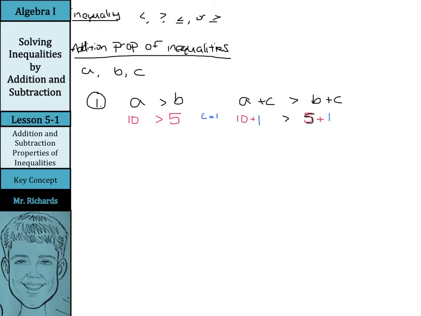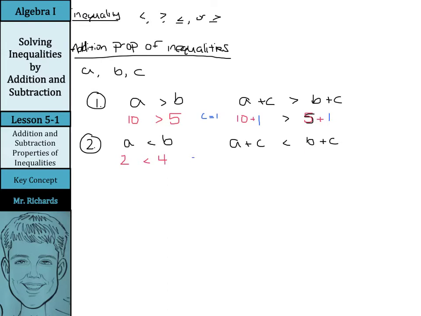And we're also going to say a second thing. If A is less than B, then A plus C is going to be less than B plus C. And if I come up with slightly different numbers here, let's say A is 2 and B is 4.